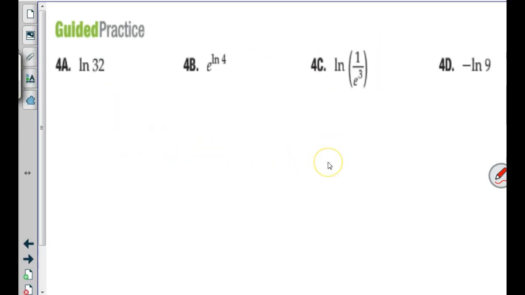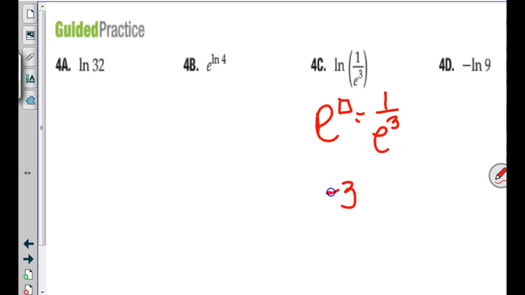Which of these are calculator questions? Actually, this is not. Because if I rewrite this, what's the base right now? e to some power equals 1 over e to the third. What power is that? That put it down in the bottom?